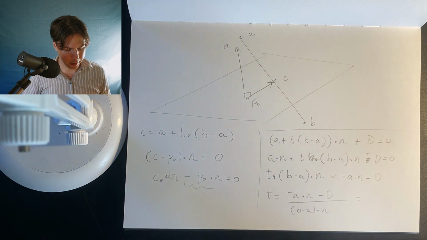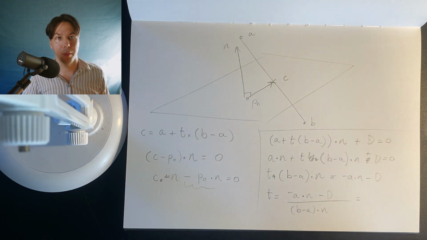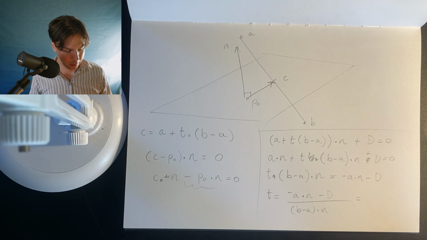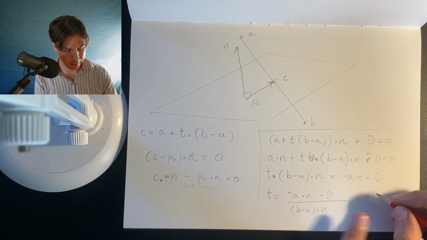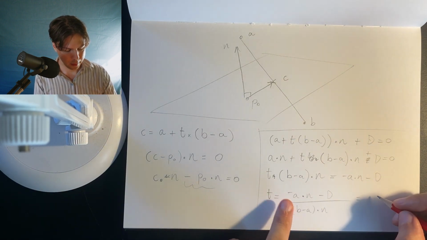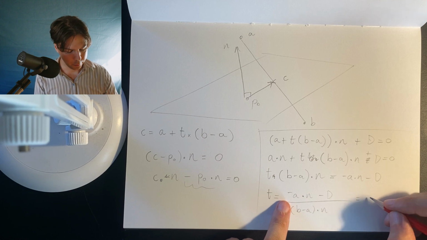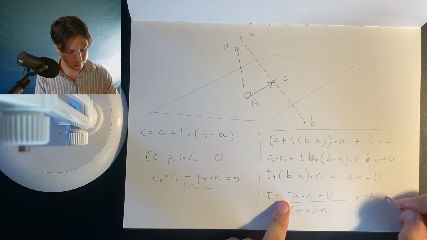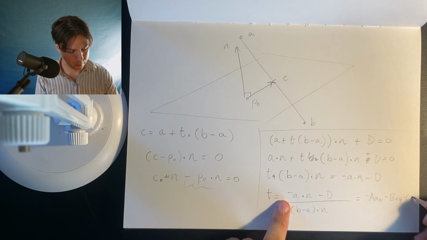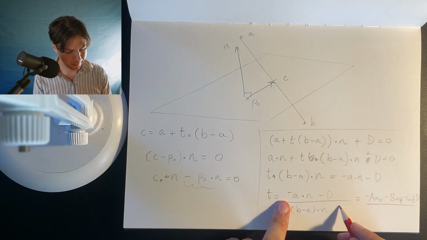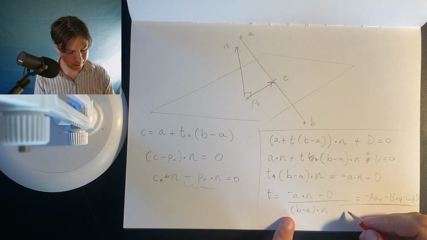And then to put this back into the plane form, this is a little messy, but we have that the normal is ABC. So we have minus A, a little bit messy there, but I do what I can.